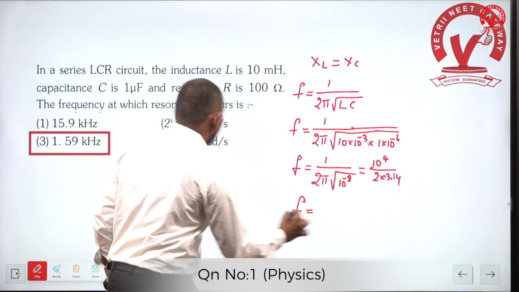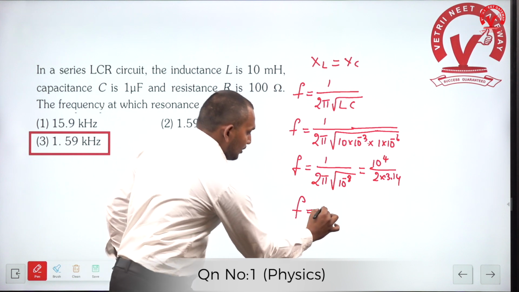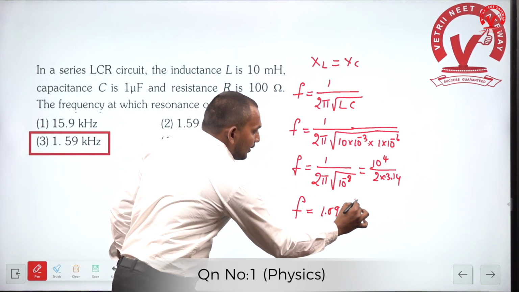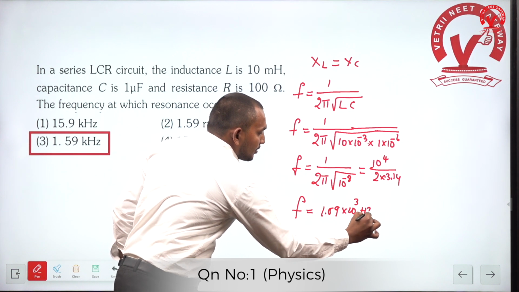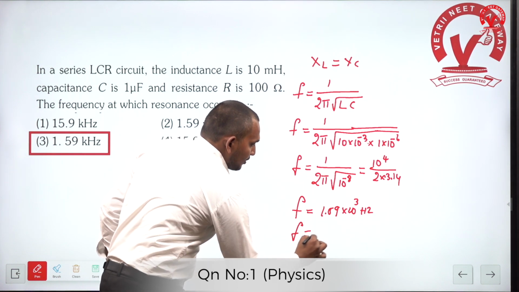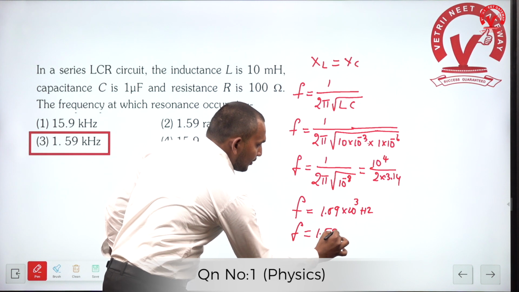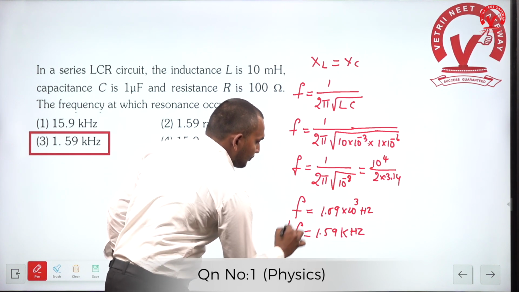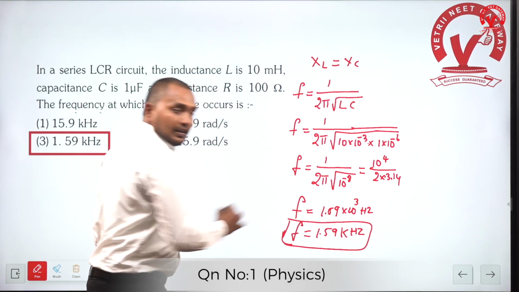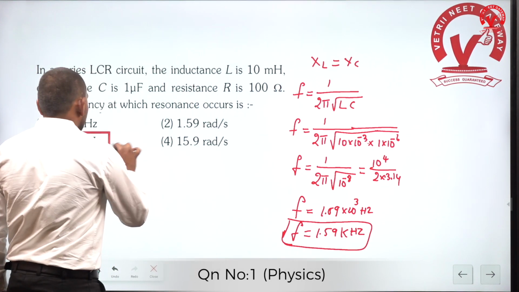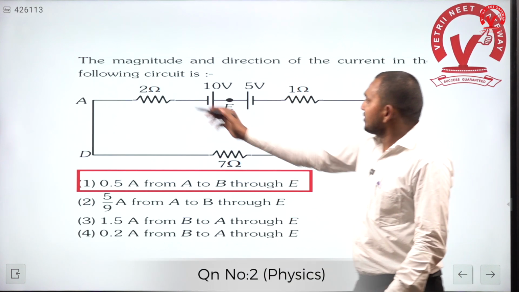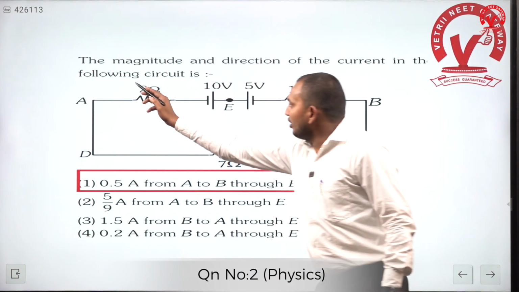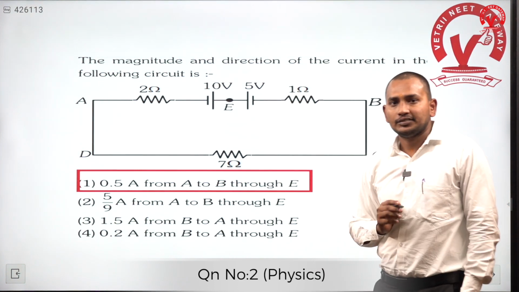Simplifying, we get 1.59 into 10 cube hertz. So f is equal to 1.59 kilohertz. It is option C.